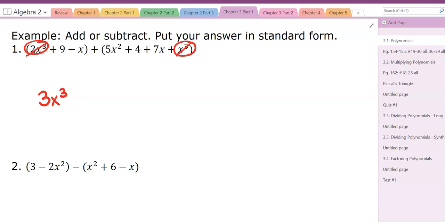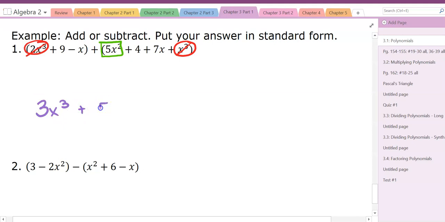Now I'm going to look for any x squared terms. And I only see one. I only see 5x squared. Okay, so I'm going to go ahead and just write that second. Cross that one off. What x terms do you guys see?